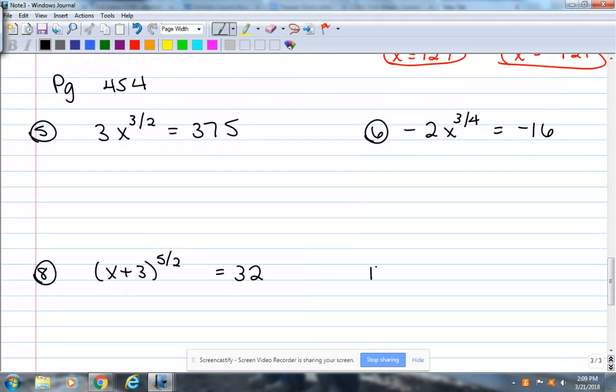And number 10 says parentheses x plus 2 to the 2/3 plus 3 equals 7. Try those right now on your paper. Everybody working them out. You don't know if you can or you can't until you try.